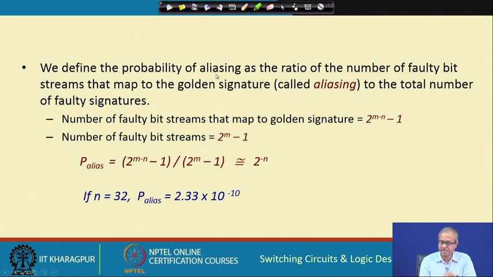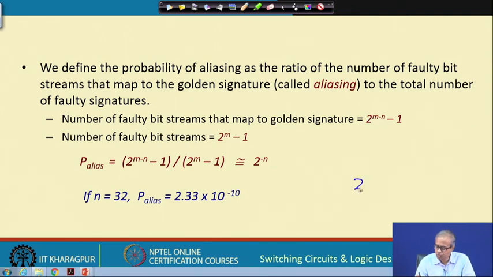So, probability of aliasing, I mentioned, is defined as the ratio of the number of faulty bit streams that map to the golden signature to the number of total faulty bit streams. Now we have already seen that 2 to the power m minus n input patterns can map to every signature, and one of them will be the golden signature.